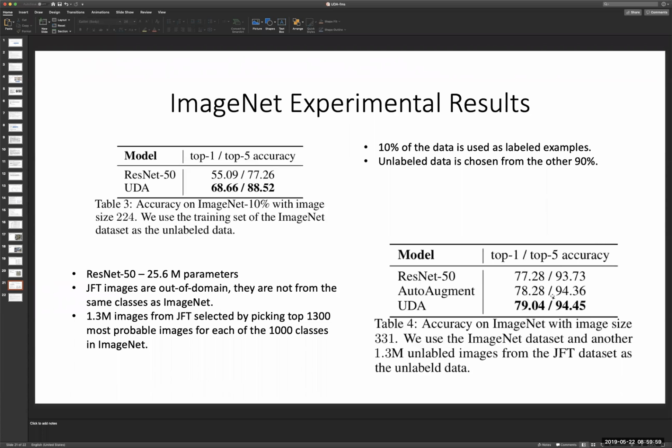And UDA improves upon that as well, upon augmentation. And these are very small improvements, I would say. But, you know, it's a very hard problem. And it's relevant to make improvements in ImageNet.